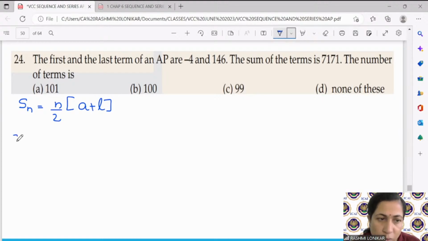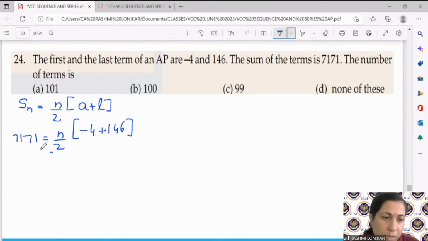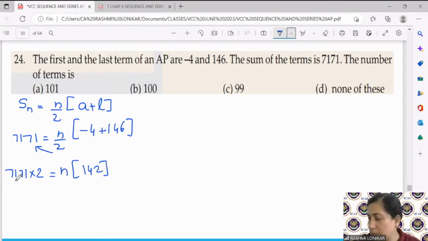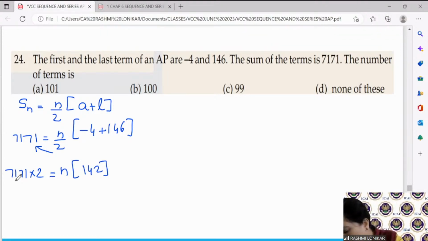This is given to you as 7171, which is equal to n upon 2. What is the first term? -4. What is the last term? 146. I cross multiply and take the 2 to this side. This is 7171 into 2 is equal to n into (146 minus 4), which is 142. How much is 7171 into 2?